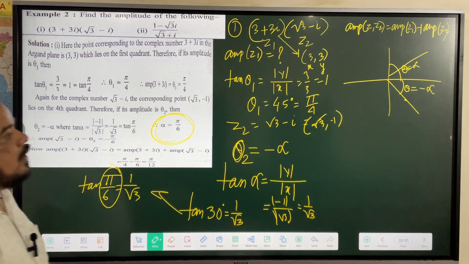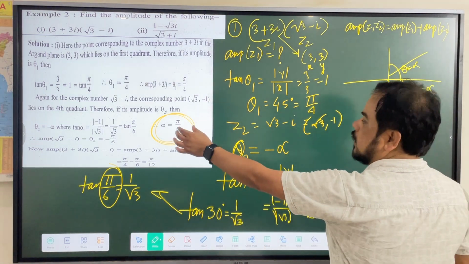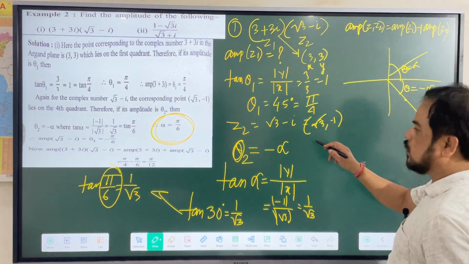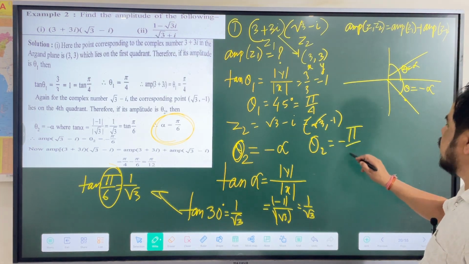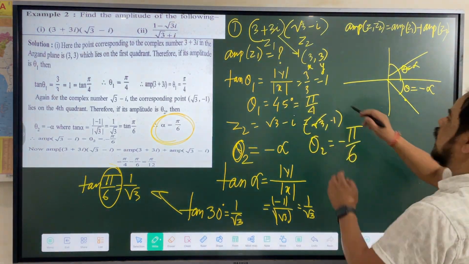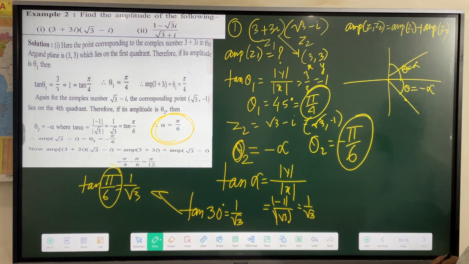Now theta is minus alpha. Alpha we have got pi by 6. So theta 2 is equal to minus pi by 6. Theta 1 is pi by 4. Theta 2 is minus pi by 6.